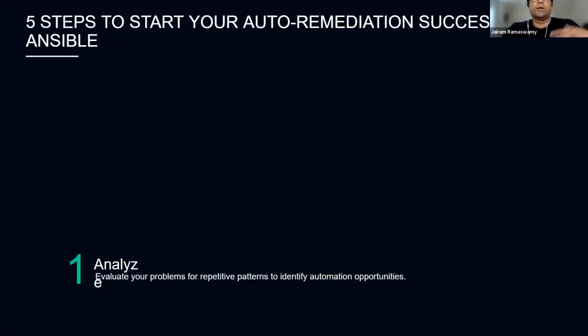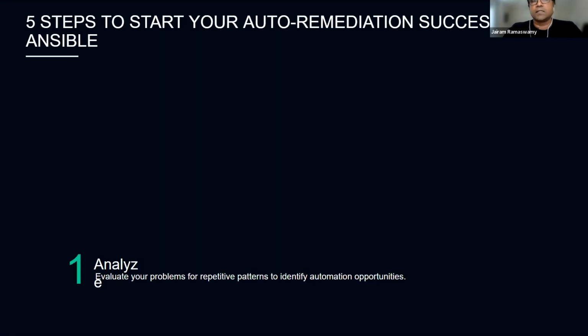So to sum it all up, what do you do to start your auto remediation journey if you haven't already? Evaluate your problems, look for repetitive patterns, and find automation tools. Some customers establish an automation center of excellence so they can bring in all these different teams. Operations is huge: network, database, any sort of infrastructure teams, like server teams, all coming together to figure out a remediation.